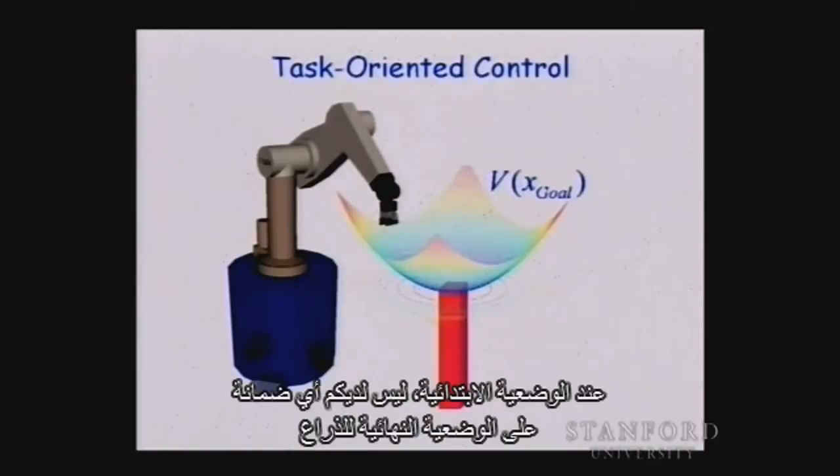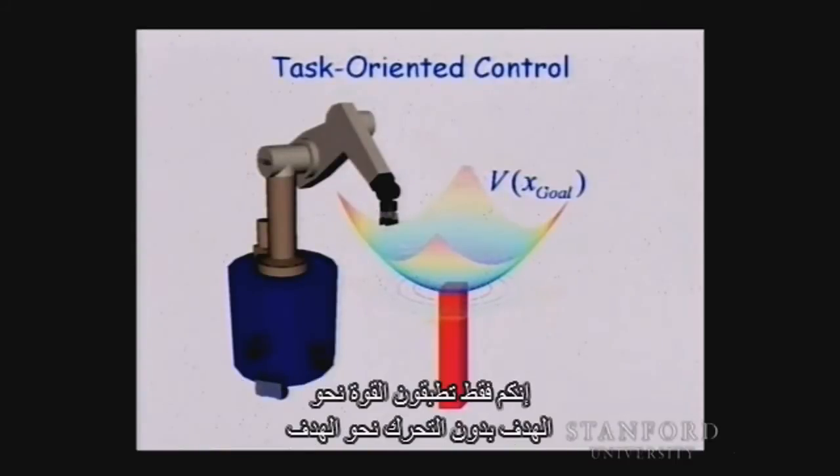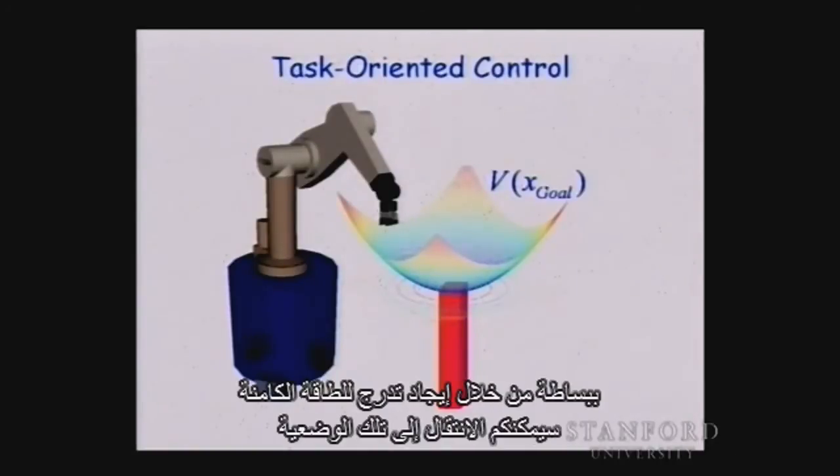And at the initial configuration, you have no commitment about the final configuration of the arm. You are just applying the force towards the goal, and you are moving towards the goal. So simply by creating a gradient of a potential energy, you will be able to move to that configuration.